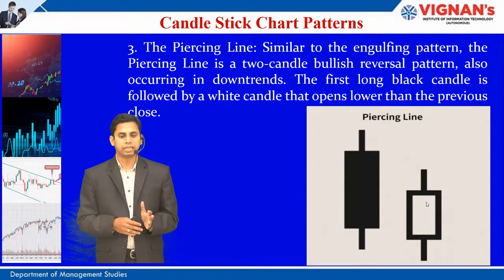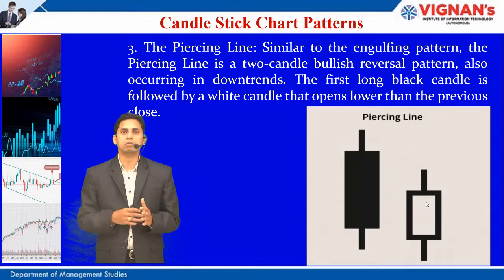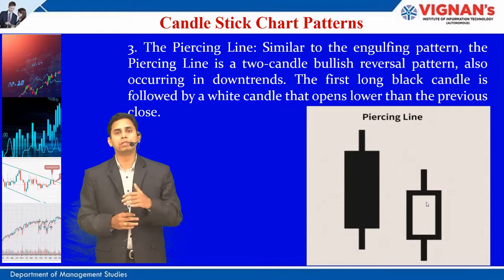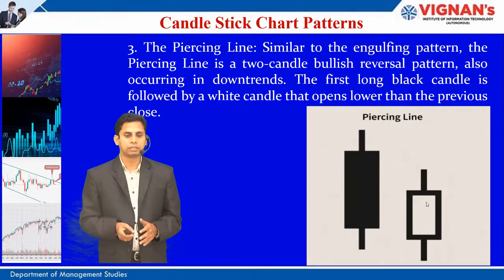When the next candle opens below the close of the previous big candle and then closes somewhere in between that previous candle, it is known as a piercing line. This piercing line is again a bullish reversal pattern, so traders are going to take decisions based on this pattern.